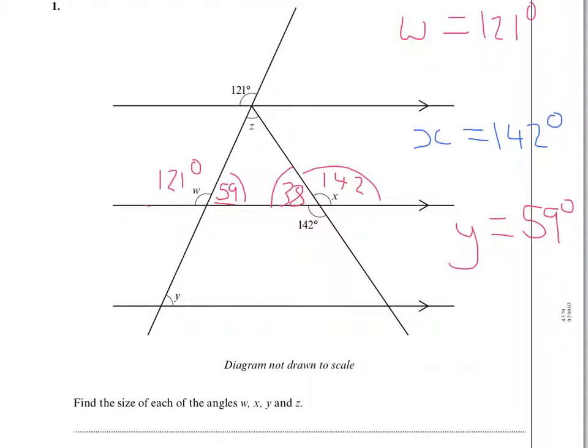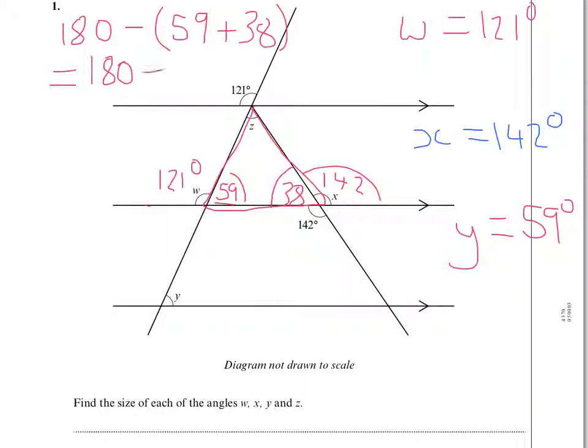So my angles in the triangle add up to 180 degrees. So I've got 180, take away my 59 and my 38 degrees. 59 and 38 make 97.